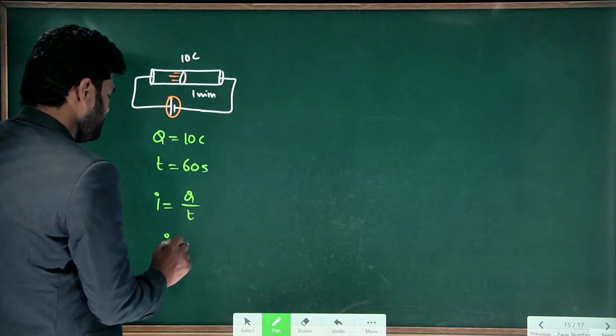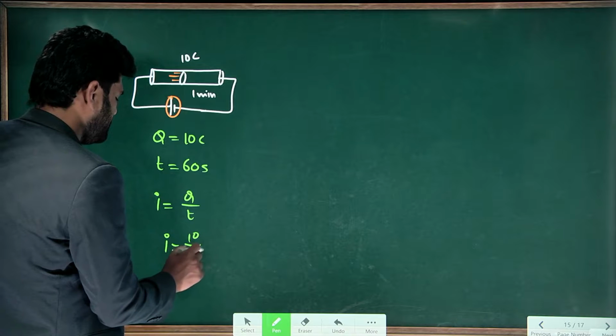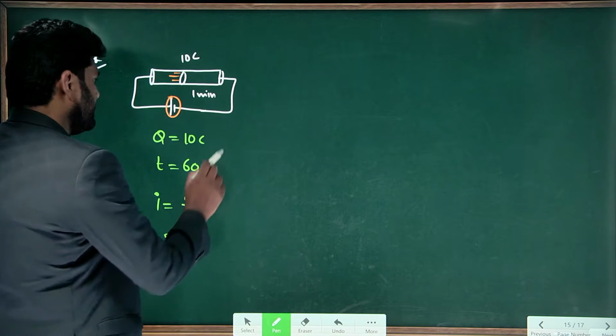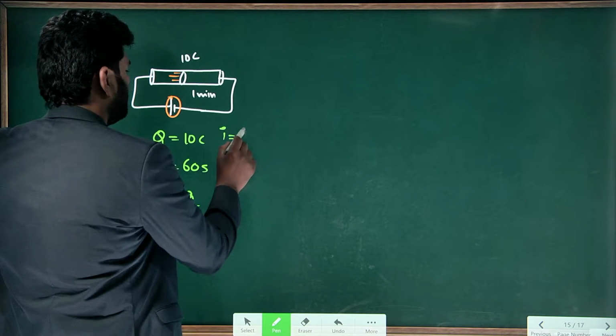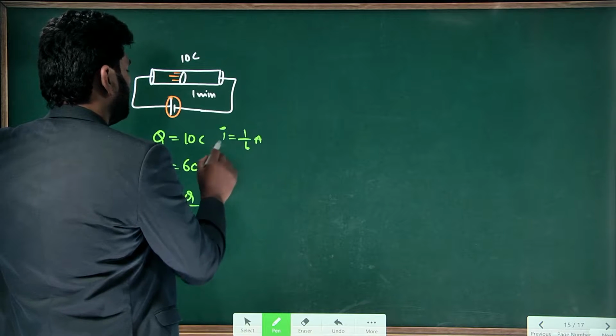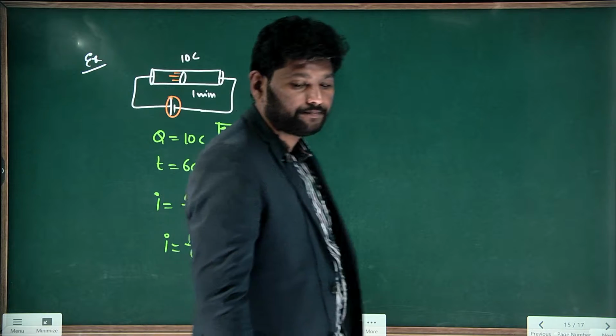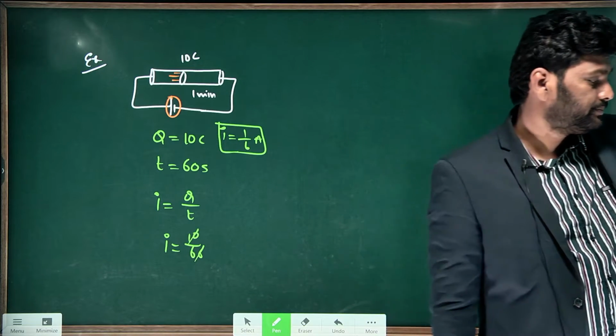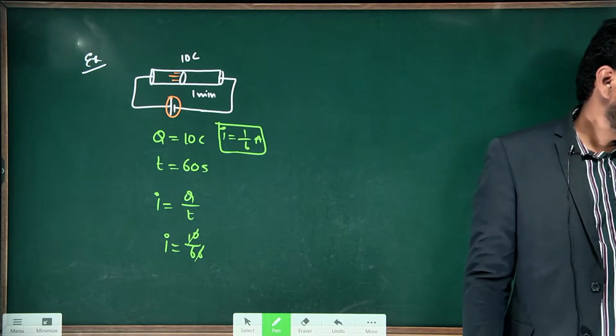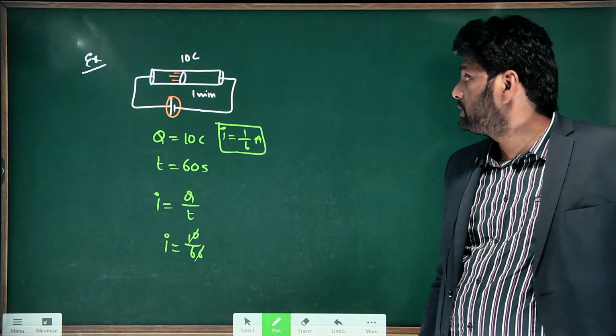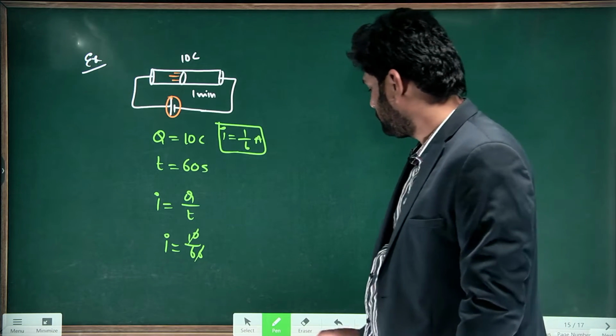So current is equal to 10 by 60. So the 0 gets cancelled. Then current is equal to 1 by 6 ampere. So this is the value of current flow through the conductor. Understand, Chaitanya? Yes, sir.